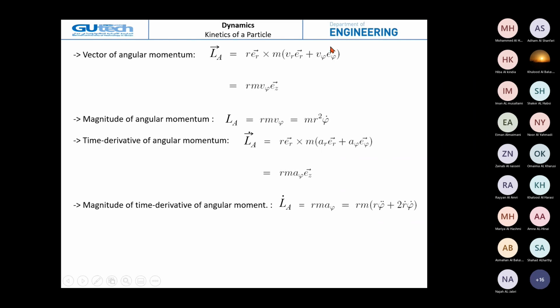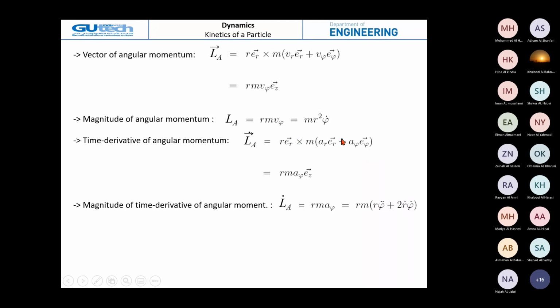As we take the time derivative of m v dot, v dot will be only the acceleration. Then we have m e_r, the acceleration along the radial direction, and the acceleration in the circumferential direction, which is represented by phi.